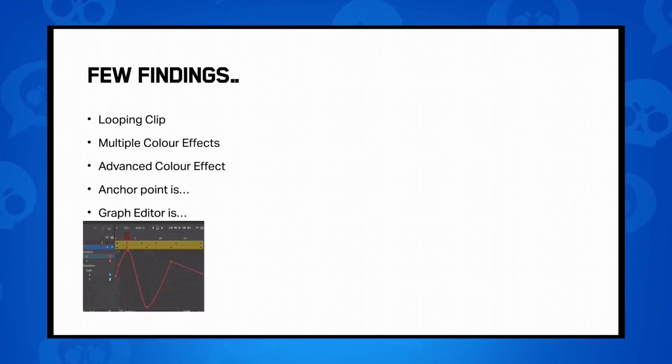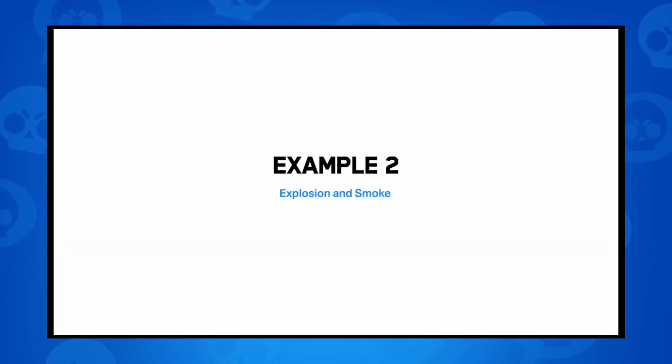Number 5. Graph editor is awful. I don't understand why every point gets affected when I modify one single point. If anyone knows the solution, please, I'm begging you, please let me know. Even though there were quite a lot of annoying incidents, yeah, it's not that bad, and the biggest outcome was confidence. Let's move on to the next example.